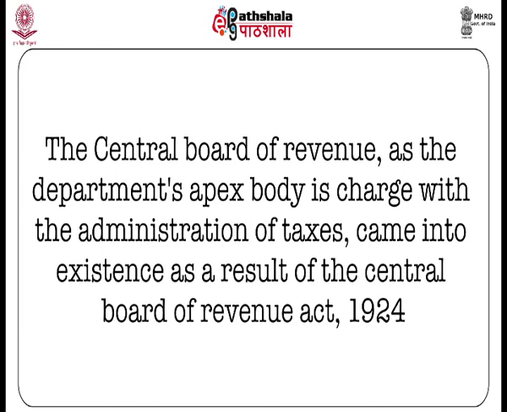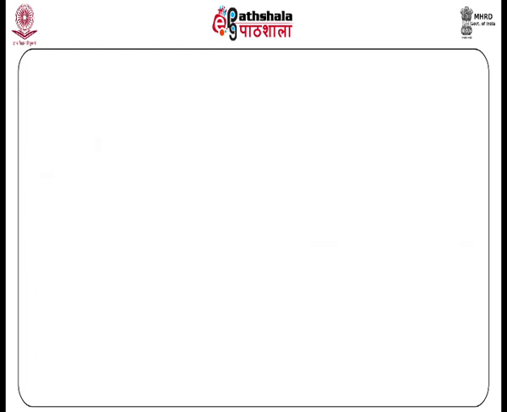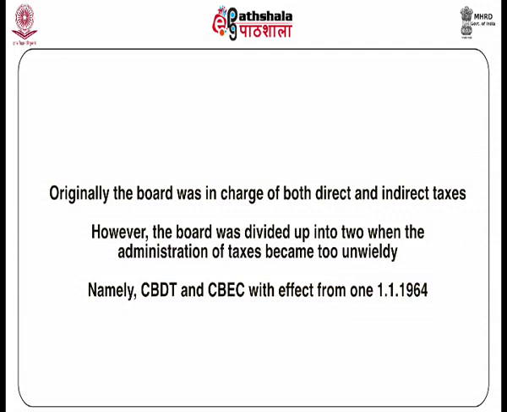The Central Board of Revenue, as a department top body charged with the administration of taxes, came into existence as a result of the Central Board of Revenue Act 1924. Originally, the board was in charge of both direct and indirect taxes. However, the board was divided into two when the administration of taxes became too unwieldy, namely CBDT and CBEC, with effect from 1/1/1964.